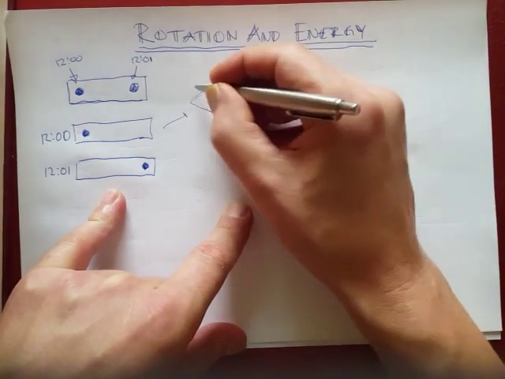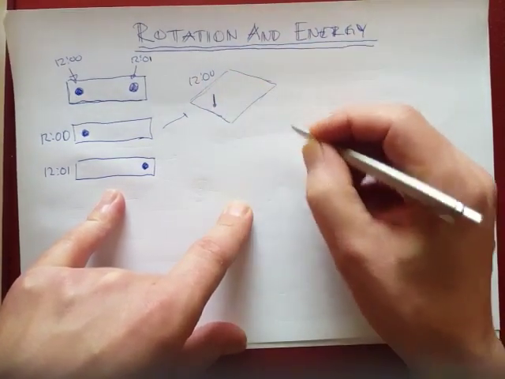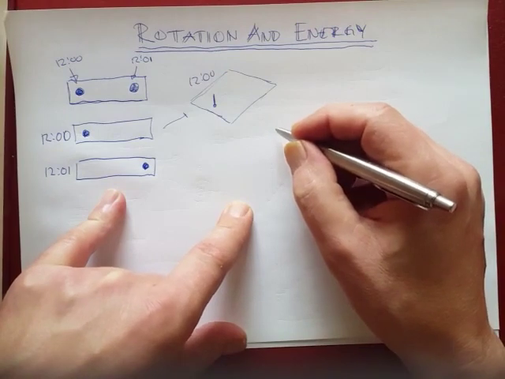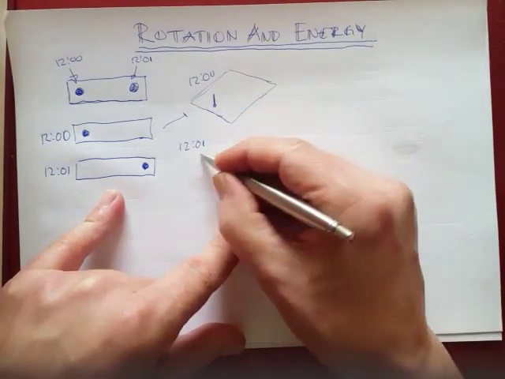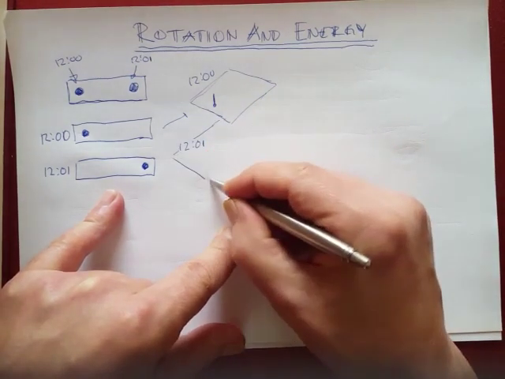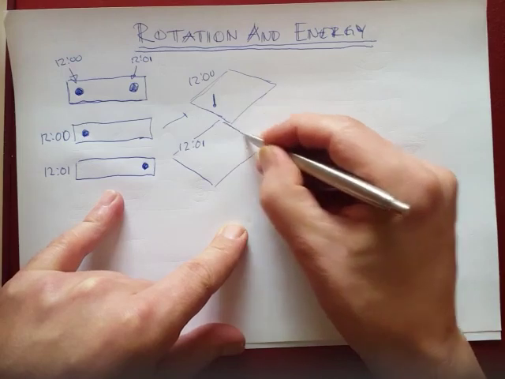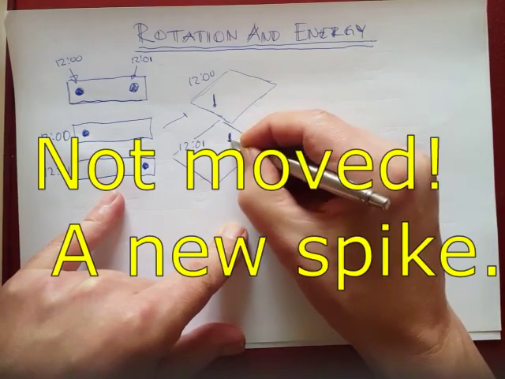So this is at 12 o'clock. At 12 o'clock there is a spike in the field here. And then at 12:01, that spike had moved to some other place in the field.